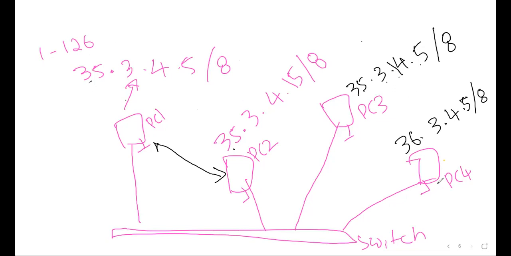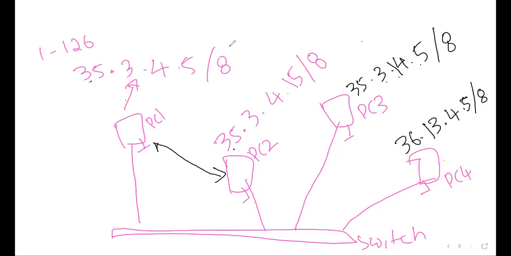What about PC4? Can PC4 communicate with the other systems or not? Cannot. Why? The reason is, let's say I change 3.4.5 into, let's say, 1.3.4.5, so the host portion is different.